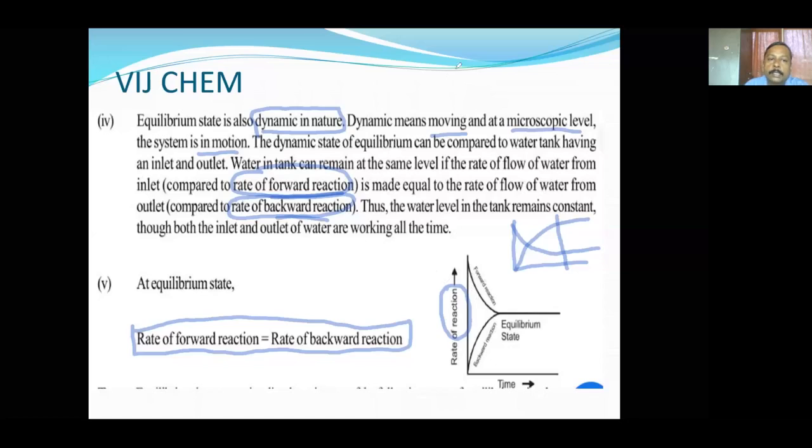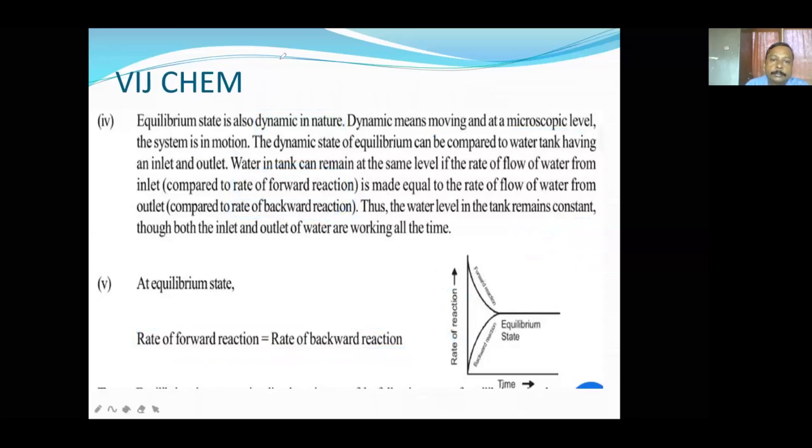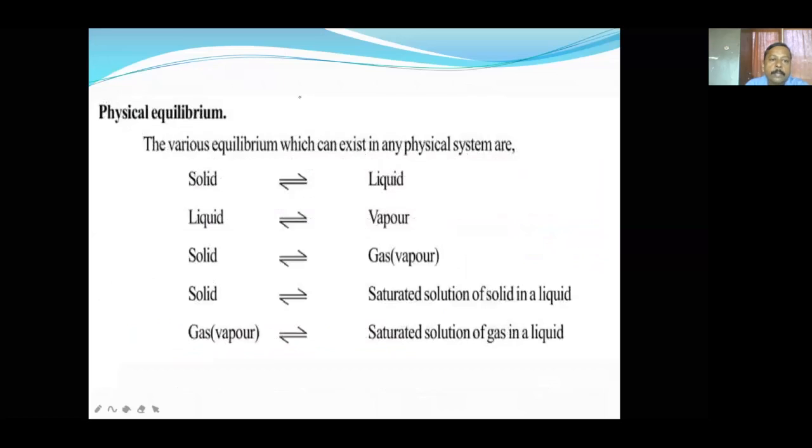Now let us see some more. Equilibrium is not only applicable to chemical changes of reactants into products. Sometimes the reactant and product can be chemically the same, like H2O here and H2O there. Chemically the same, but what is changing?